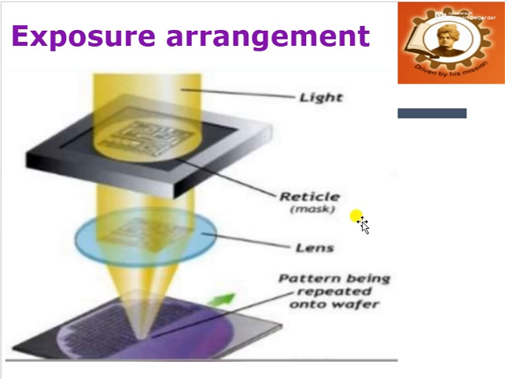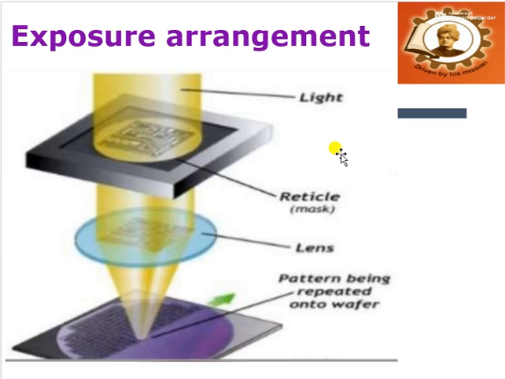After forming that photoresist, the next step is to expose it to radiation. The radiation through that mask changes the property of the photoresist. The exposed region of the photoresist gets softened or hardened depending upon the type of photoresist, negative or positive. Next slide shows the exposure arrangement of this photolithography process.